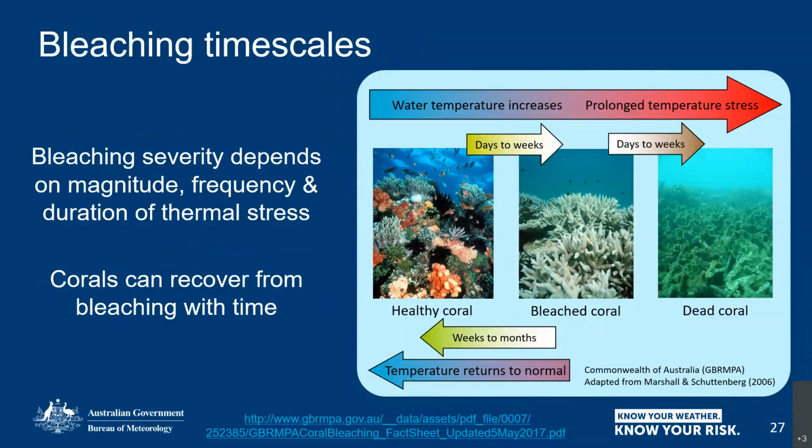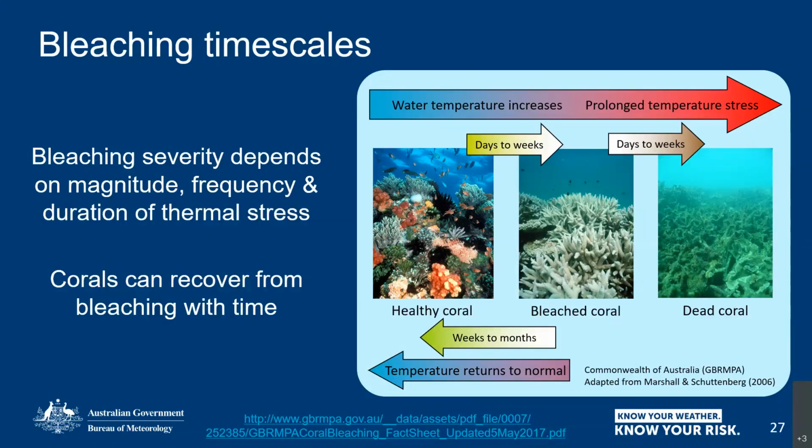Now, the severity of the event depends on the magnitude, so how hot the temperature in the water gets, how often it occurs at a particular reef, and how long the event goes on for. So a bleached coral is not dead. It can still recover depending on how long the event lasts for. A coral can cope with warm ocean temperatures for a short term, days, weeks, is okay.